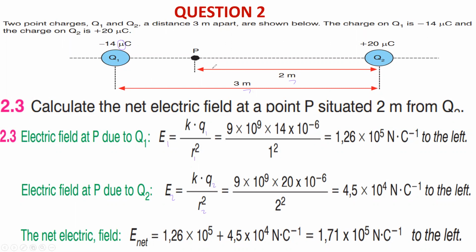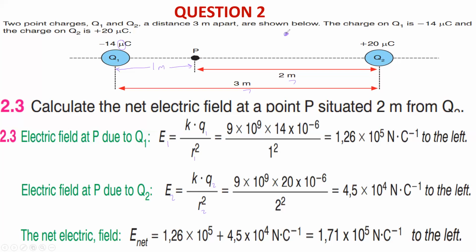The distance between point charge Q and point P is 2. How many meters left? 1 meter left between Q1 and point P. So you are using 1. And then the direction is to the left. E2 has the same steps. You are using K times Q2 over R2 squared, and then you are getting 4.5 times 10 to the power of 4 N per Coulomb to the left, same direction. You are adding them. We can draw a free body diagram also here.